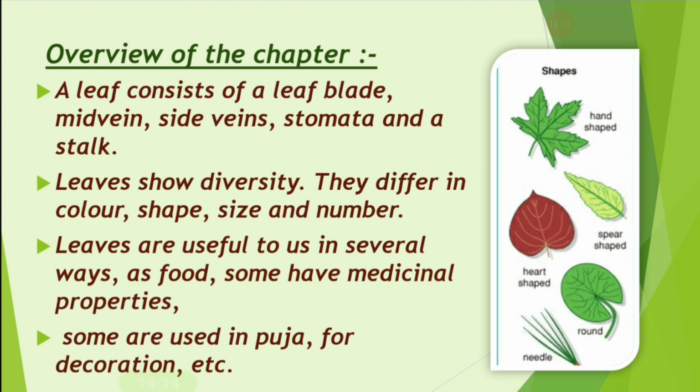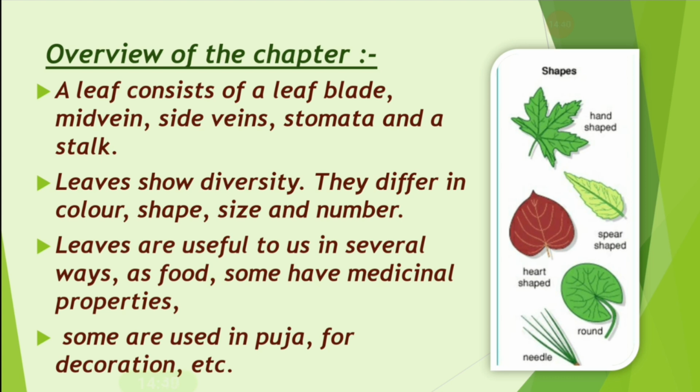So students, these are also called parts of leaves. Earlier we have studied each of it in brief. Second, leaves show diversity. They differ in color, shape, size and number.